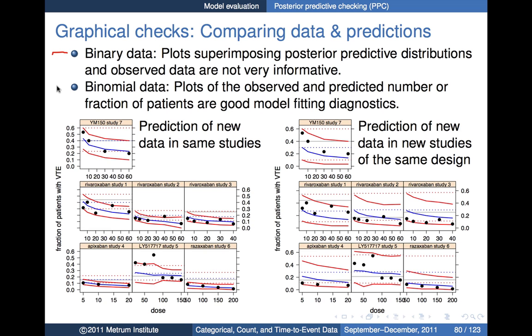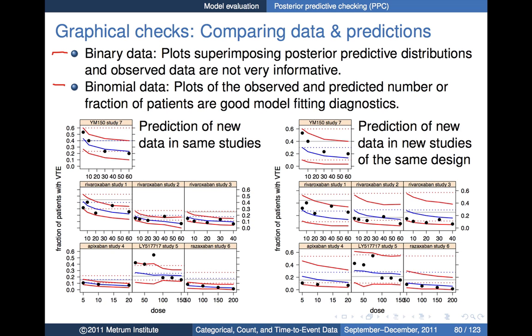Now, in the context of binomial data, like some of the data that we've seen, I guess the most recent example we were looking at is actually shown here, depending upon what the sample size is for your binomial data, it could actually look almost continuous in its form, and the same kinds of model checks you would use in a continuous case are applicable in this instance.